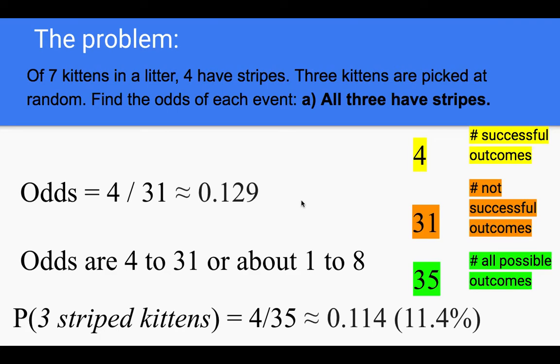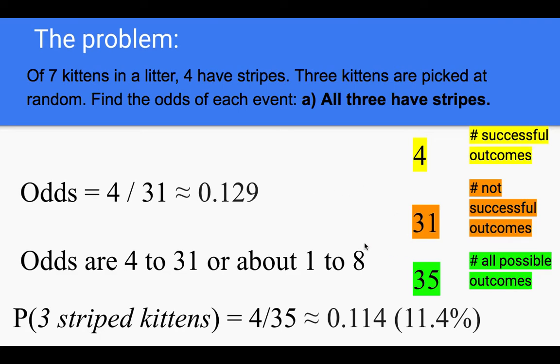The odds are bigger than the actual probability. So the odds are always going to be like that, bigger than the actual probability. Don't get fooled by that. Odds are a different way to present the information. The odds are just how much more likely one scenario is than the other one.